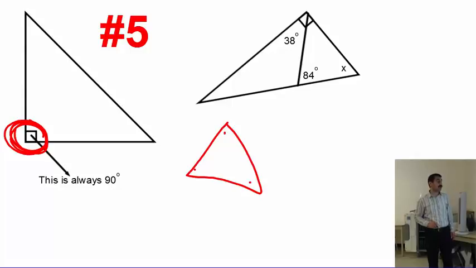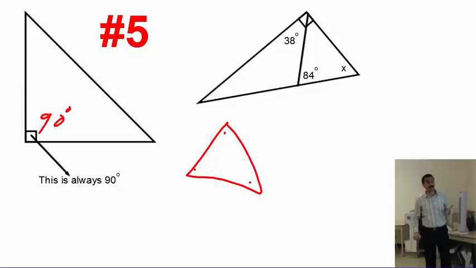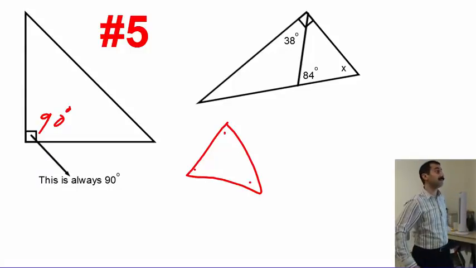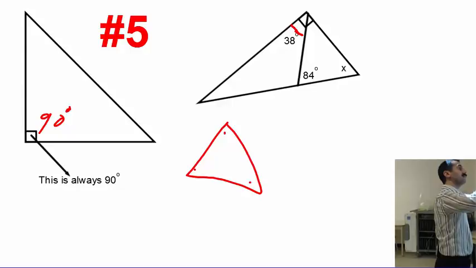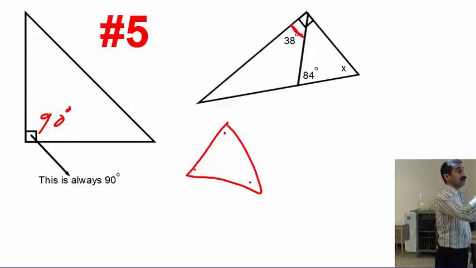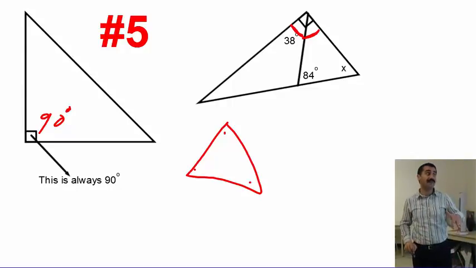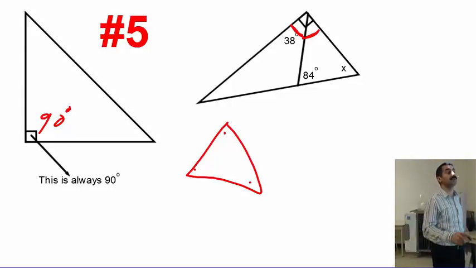So you can consider it as given to you as 90 degrees. So what type of question will you get from there? You see, this is given to us. It's 38 degrees. And this is not even being asked, but I have to figure that out in order to find out what x is.